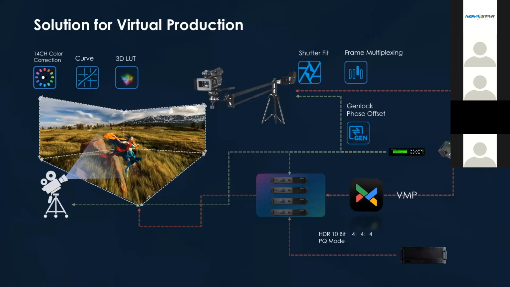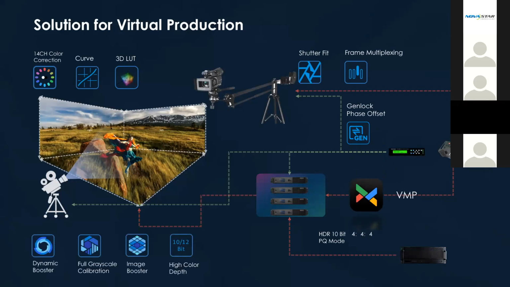All of these are supported by the new control solution. Last but not least, the new system also provides two core technologies, dynamic booster and full grayscale calibration, presenting the HDR-like effect and lowering power consumption at the same time.